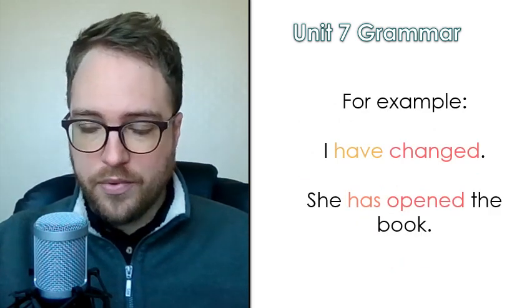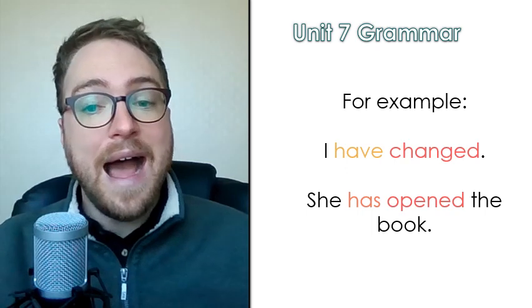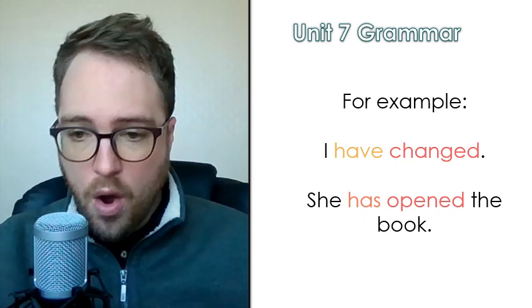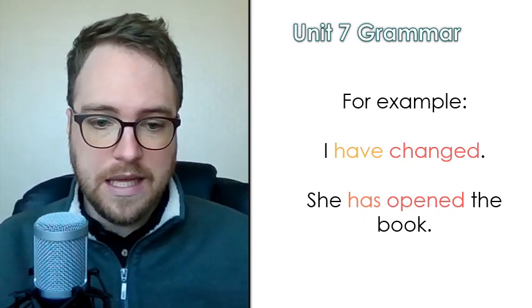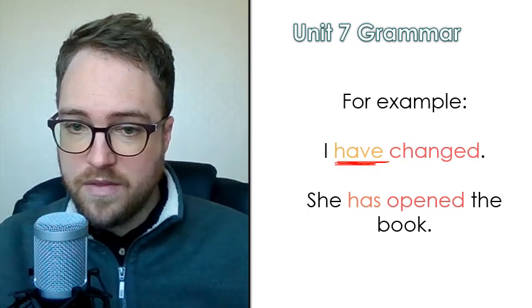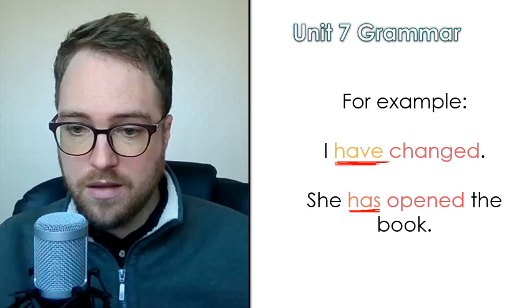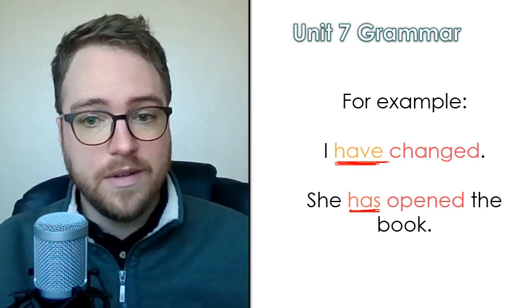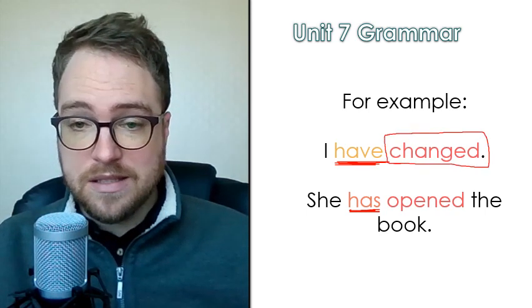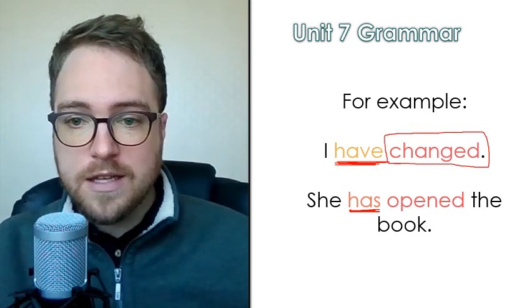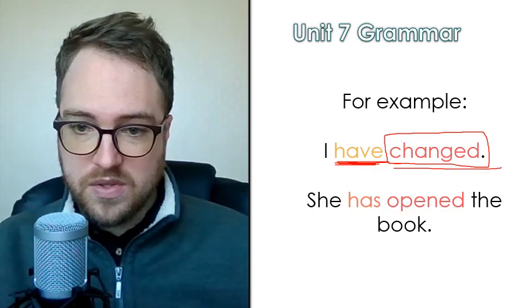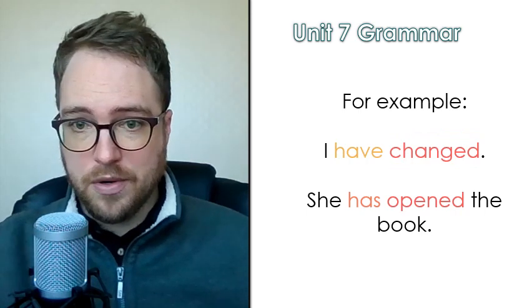So, for example, I have changed, or she has opened the book. Okay? The important thing to remember is that we have one of these words, have or has, okay? The present form of have, and then the past participle of a verb. So, changed, opened, okay?